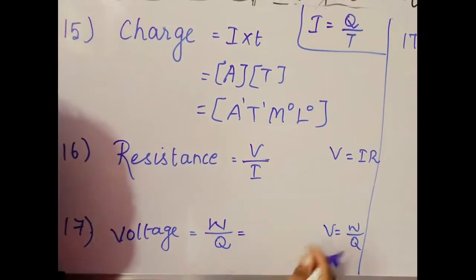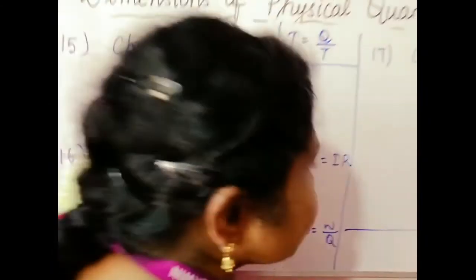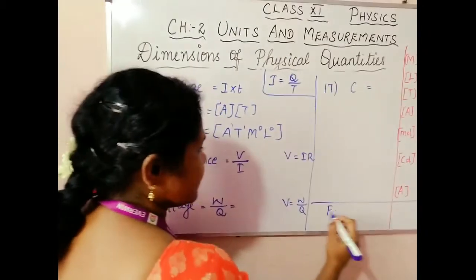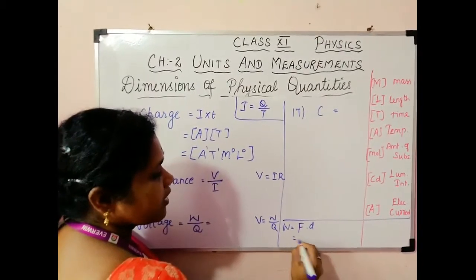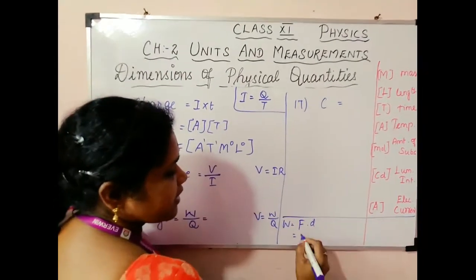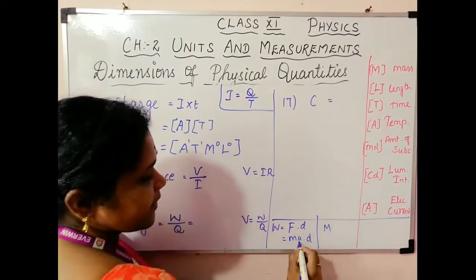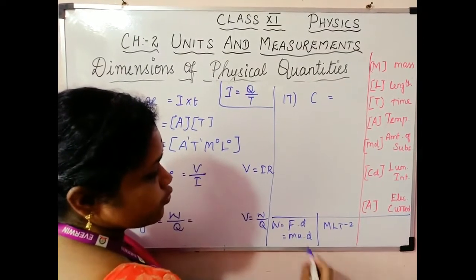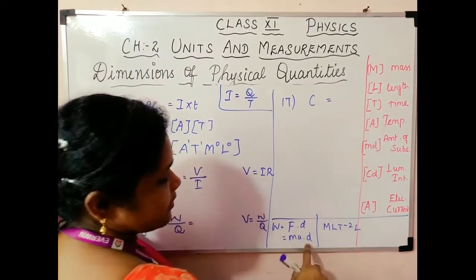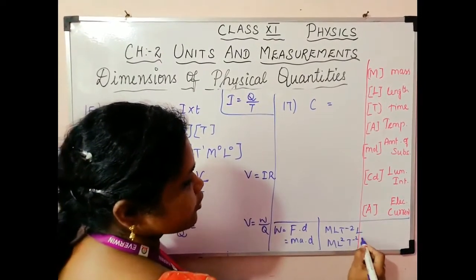We know that work done is equal to force into displacement, W is equal to M into A into D. For M it is M, for A it is L power 1 T power minus 2, and for D it is L. So M L square T power minus 2.